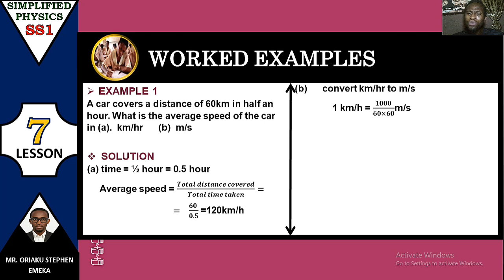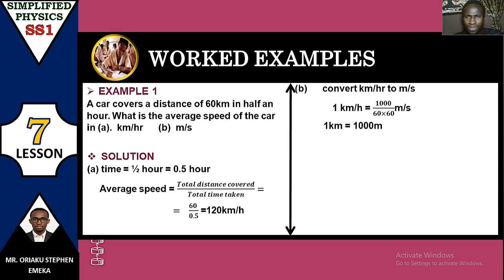We know that 1 kilometer is 1000 meters, and 1 hour is 60 times 60 seconds. So 1 kilometer per hour is 1000 meters over 60 times 60 seconds.